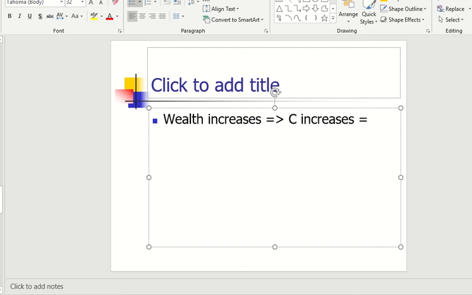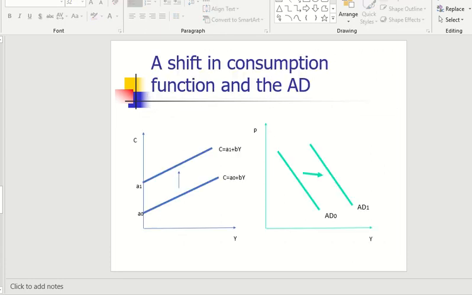Because consumption is a component of aggregate demand, we are going to see an increase in aggregate demand. This is illustrated graphically here. On the left-hand side, we have the consumption function. An increase in consumption is illustrated by an upward shift of the consumption function curve. Accordingly, we are going to see an increase in aggregate demand, illustrated by a rightward shift of the aggregate demand curve.